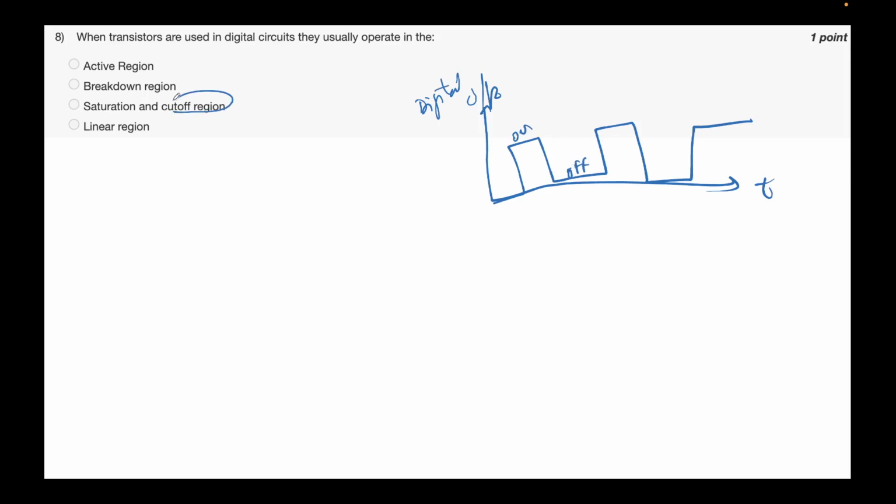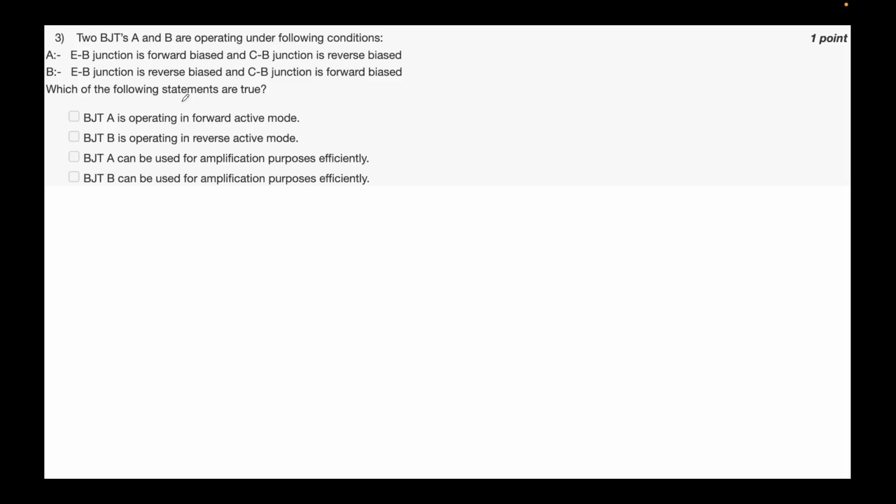So the cutoff region corresponds to the off state in the digital world, and the saturation region turns out as on. Saturation, please remember, is when the base emitter as well as base collector are both in forward bias. So that's an important thing to remember.